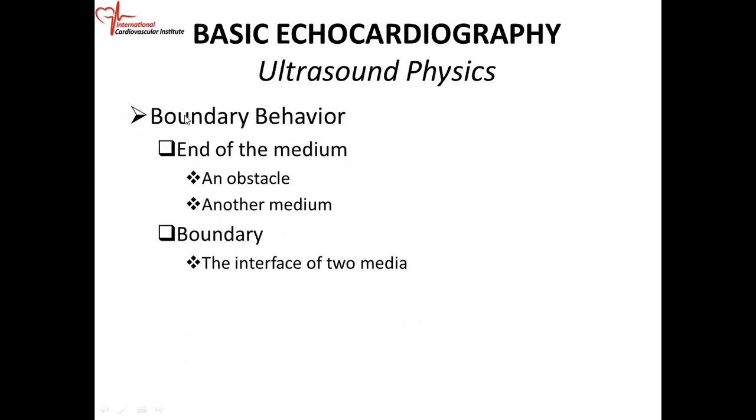Okay, so at the end of the medium, there's an obstacle, and you're going to encounter another medium. So a boundary is the interface of two media. Let me just draw it again. So if you're moving from, say, air, if you're moving from here to water, and say M1 is here, and M2 is water, two different media.